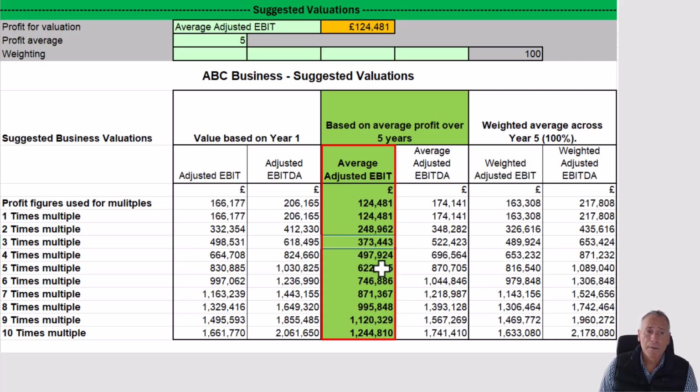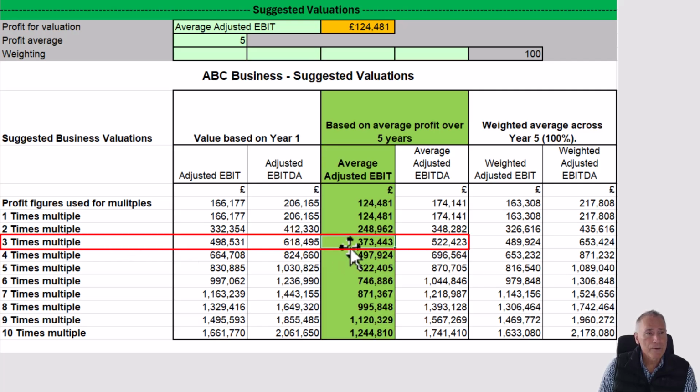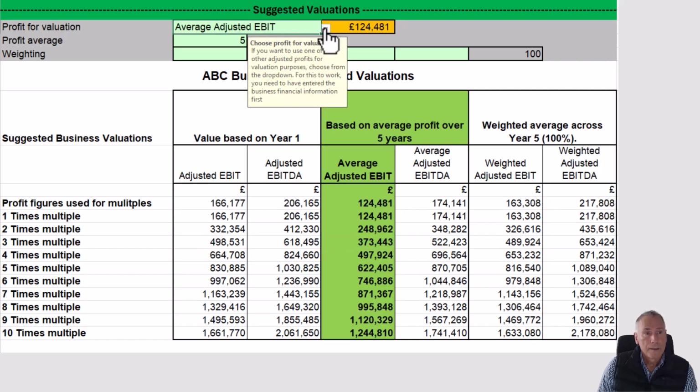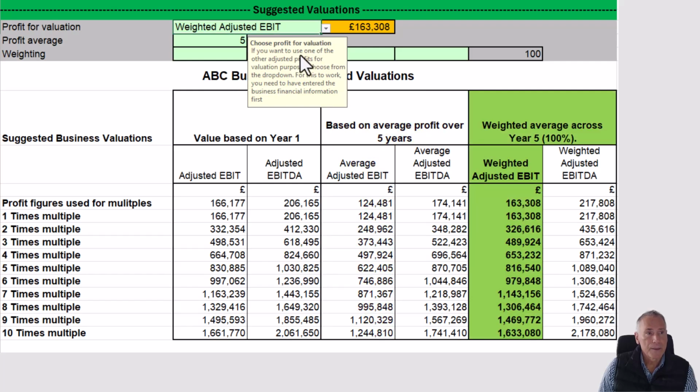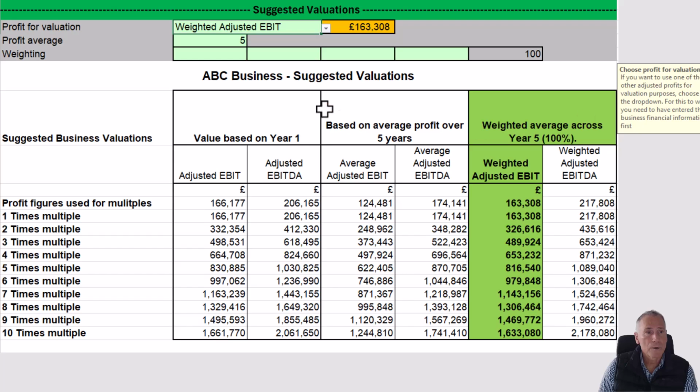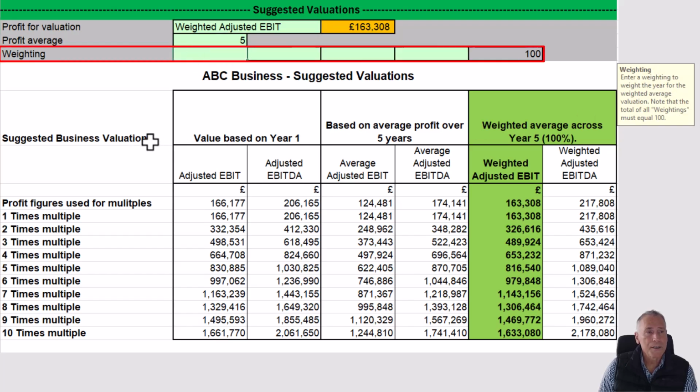And this is quite important if your profits have gone up and down and you want to average those out. So in this case, if we went with a 3 times multiple, you're looking at a value of 373,443 instead of the 498. And then the final one would be the weighted adjusted EBIT. And this, let's just move that out of the way, you can give a weighting to each of the years.